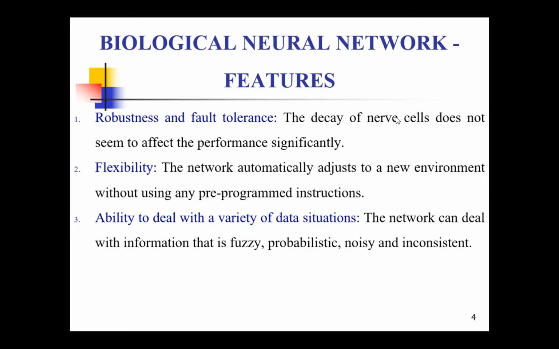Or if the data is probabilistic in nature, or noisy, or inconsistent, the biological neurons can still deal with the available data. But in the case of an artificial neural network, it is highly impossible, or we have to change this into definite information. Then only it can be processed.